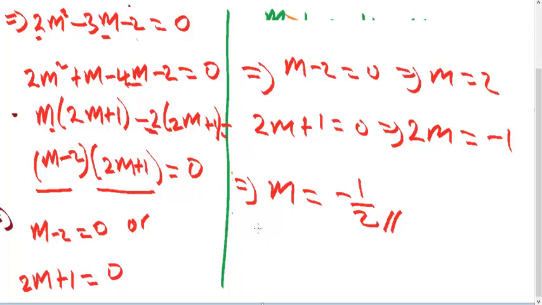So we have been asked to find the value of m, or the values of m. M is either 2 or negative 1 on 2.